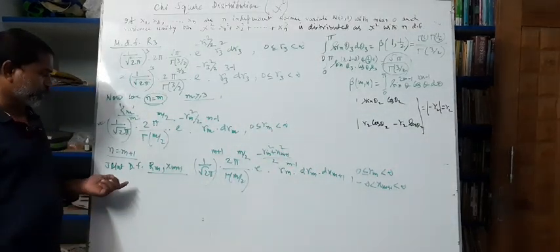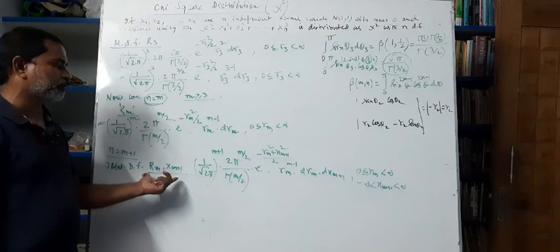So this is the joint distribution function of Rm and xm plus 1.